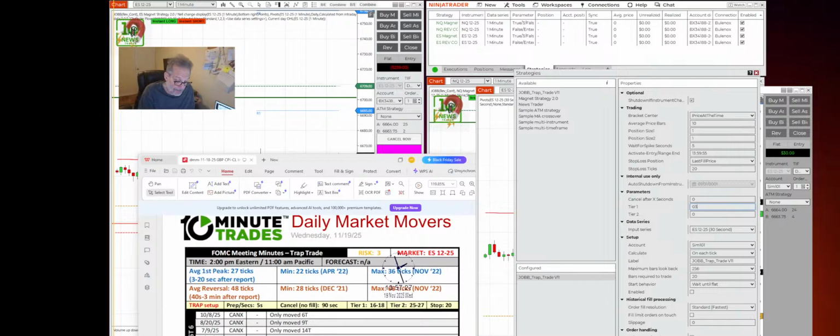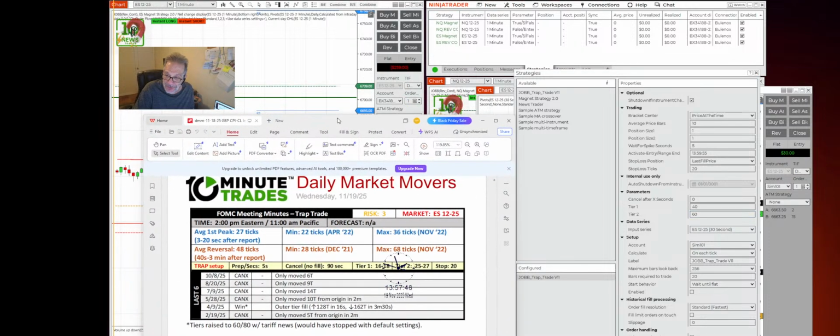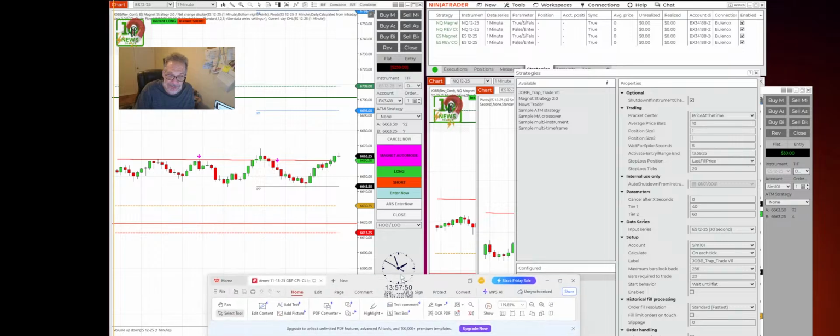Tier 1 is 40 and tier 2 is 60. I think we just don't know what to do on this, and the risk, it's such an unknown. I don't think I want to take the risk.